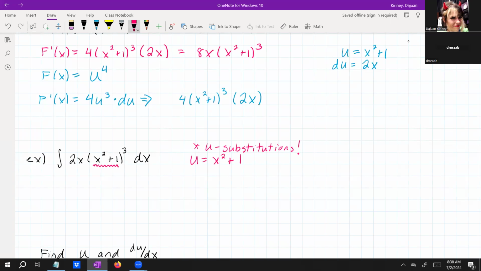I leave the cube off because we're just looking at the inside part. And if I were to take the derivative of that, we know it's just 2x dx. Don't forget your dx. Okay, so rewrite my problem. Take one step to reorganize it.